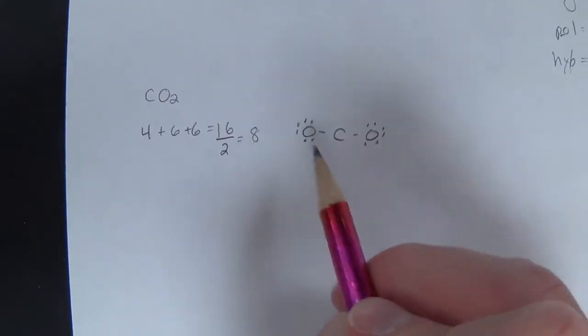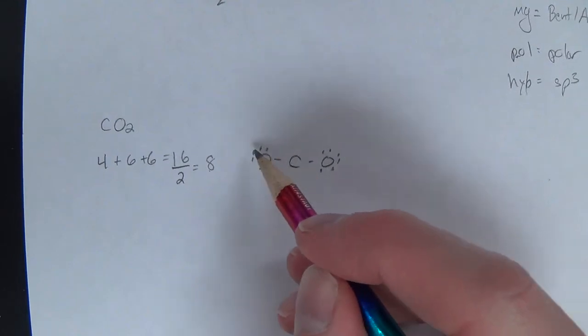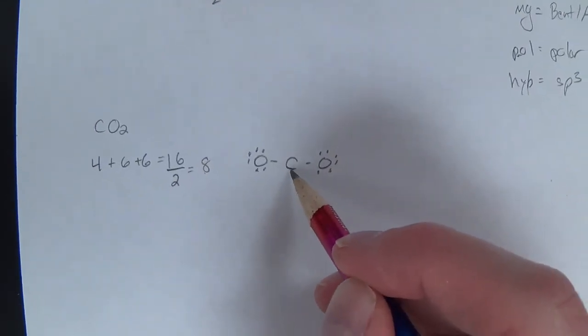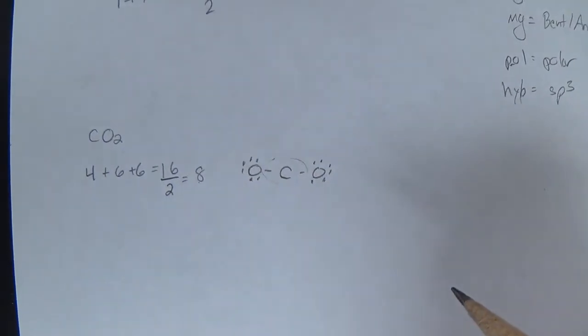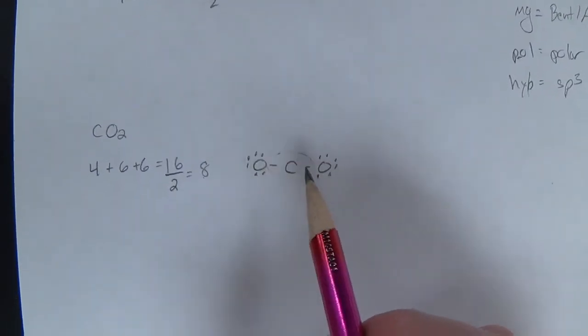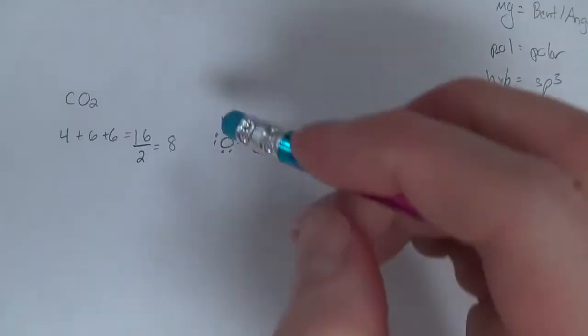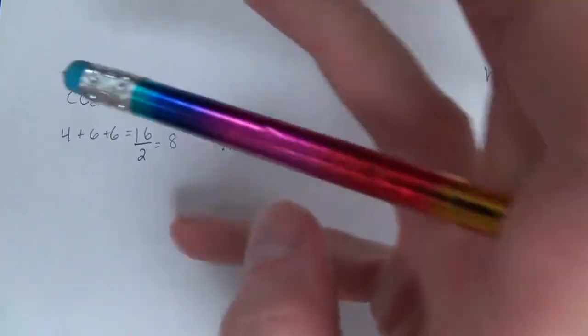So I'm done? Well, I'm not done. Here's the issue. Each oxygen has an octet. Octet there, octet there. Carbon doesn't have an octet. Right now it only has 2 pairs, or 4 total. So what's going to happen is this oxygen is going to say, hey, no worries. I have all these lone pairs.